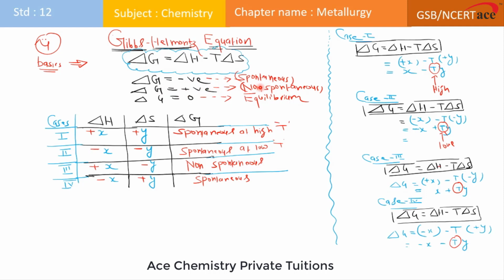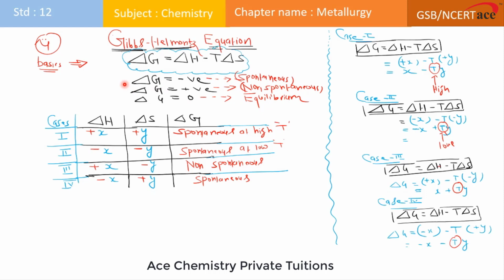Positive, then that reaction is not feasible, and that is a non-spontaneous reaction. So basically spontaneity and non-spontaneity can be described by taking the values of delta G and checking the sign. If delta G comes as a negative value, the reaction is referred to as spontaneous, and if delta G comes as a positive value, it is referred to as what? Non-spontaneous. In case delta G comes 0, then we refer to the system as being at equilibrium.